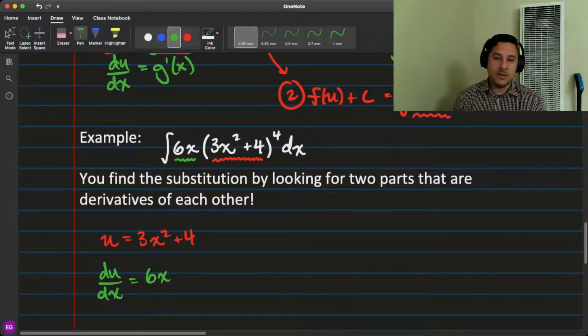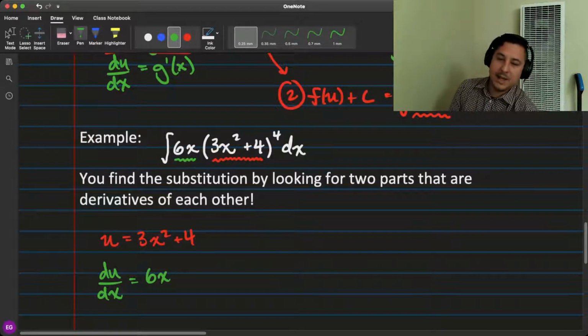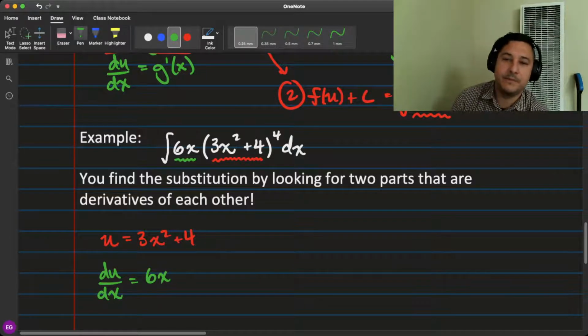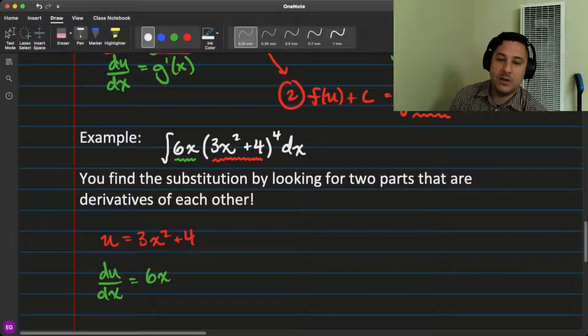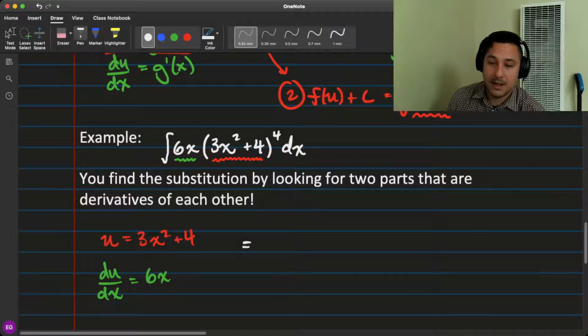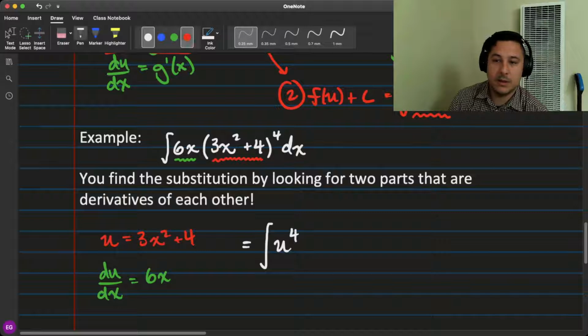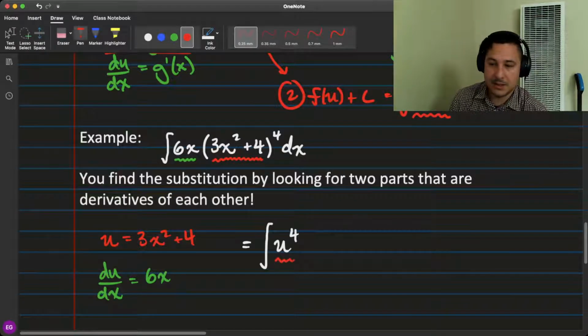And you're like, oh snap, I can start rewriting some stuff here. So you've made your substitution, and you can now tell that your integral is going to be, well, the 3x squared plus 4, that's u, and what was happening to it was being raised to the 4th. So this is all of that stuff.